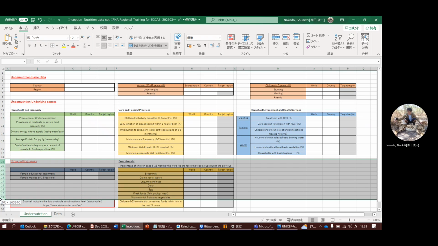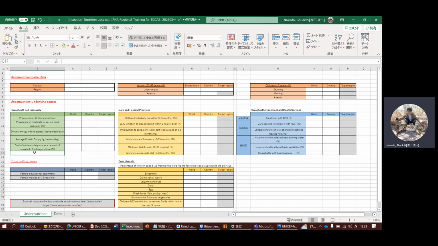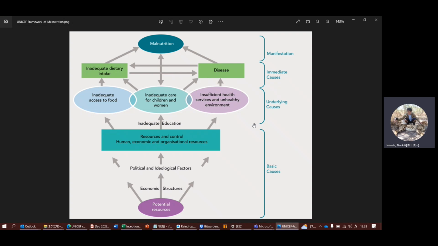This diagram tries to explain why we have malnutrition and what its causes are.